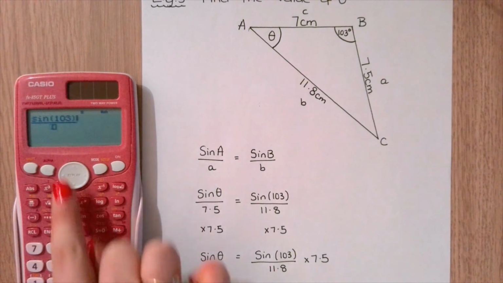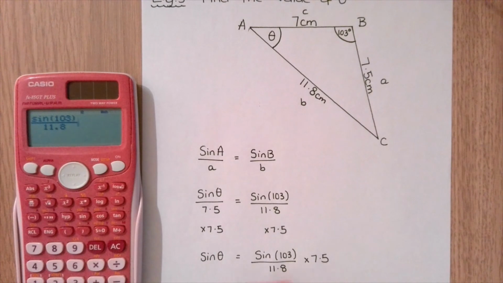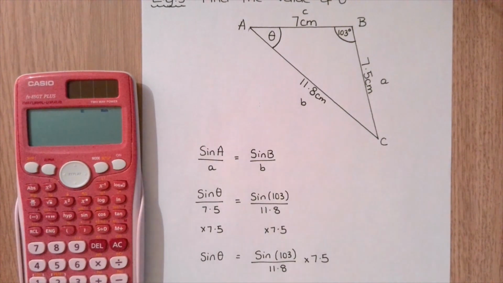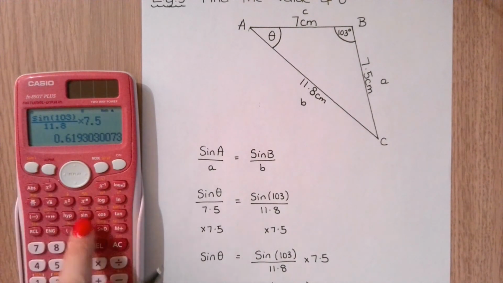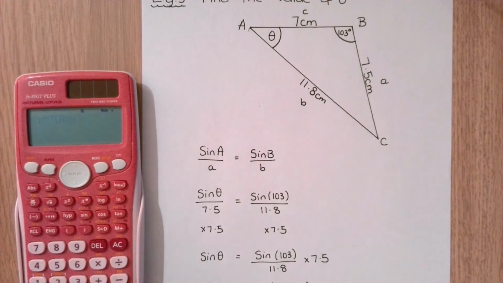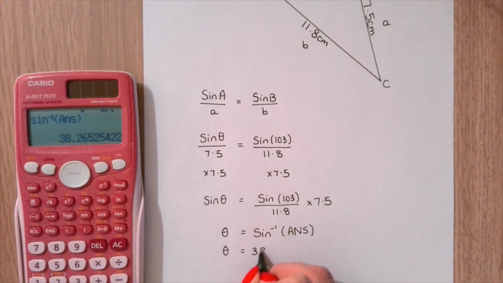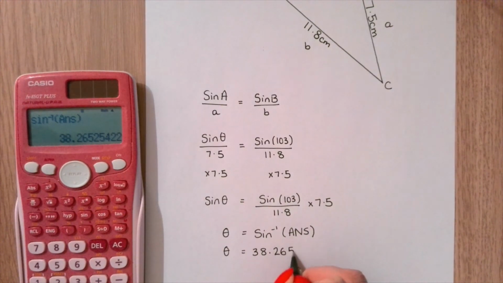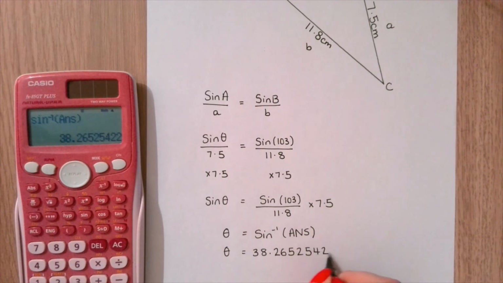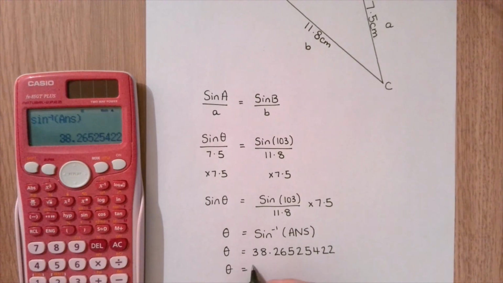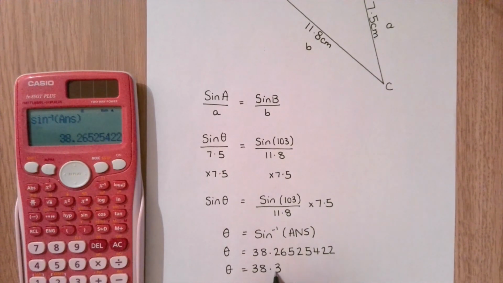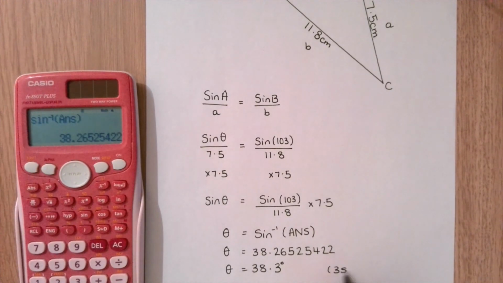To get theta, I need to do inverse sine of the answer that is on my calculator. I get 38.26525422. Theta is 38.3 degrees to 3 significant figures.